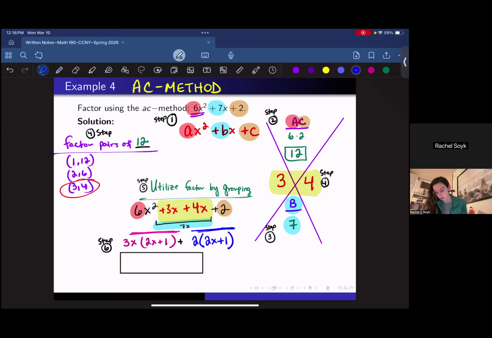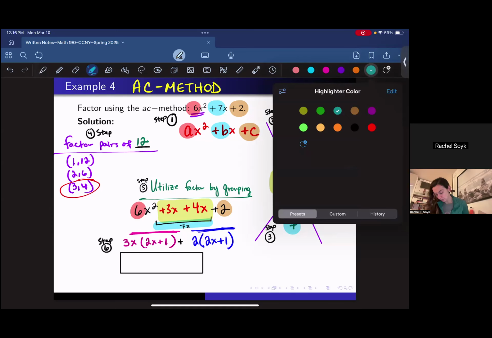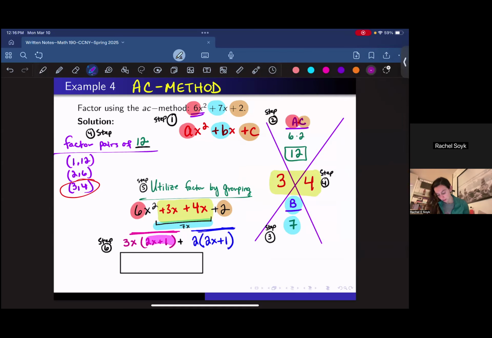And this is key because if you did it correctly, you would have the same values inside the parentheses. And so once we have that, we can pull that out. And then what are we left with? We're left with that 3x plus 2 that we can put into another parentheses.